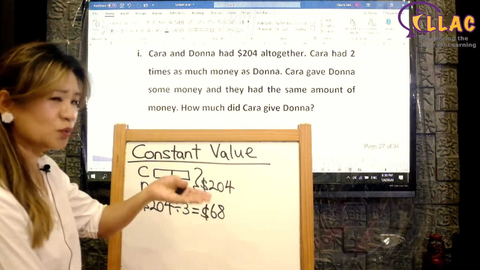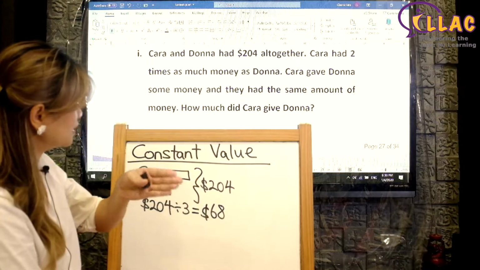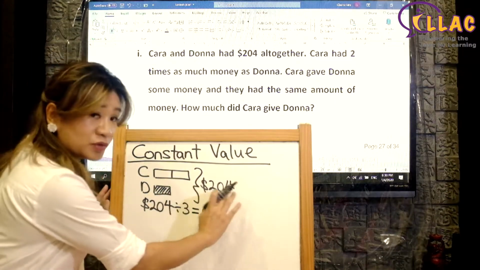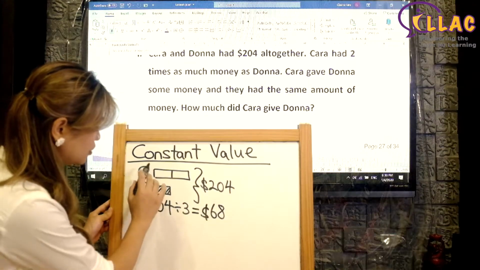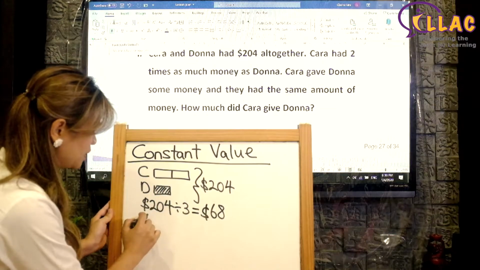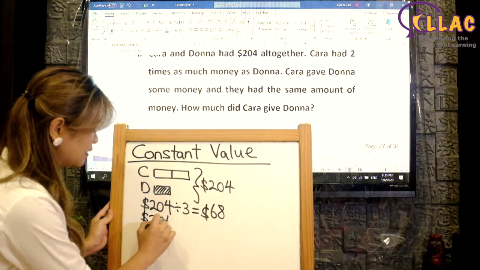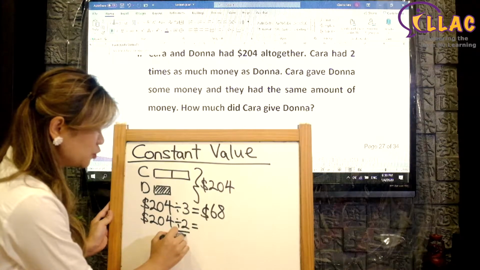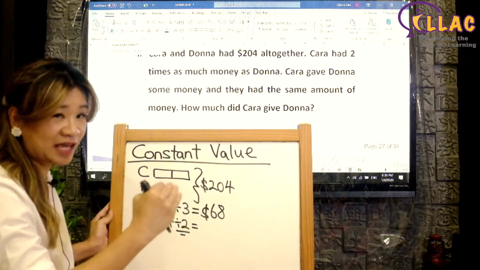And then the situation changed. Kara gave Donna some money and they had the same amount. You notice that the total didn't change. Kara and Donna now have the same amount, which means you only need to divide by 2. Let me repeat, why divide by 2? Because both of them have the same value.